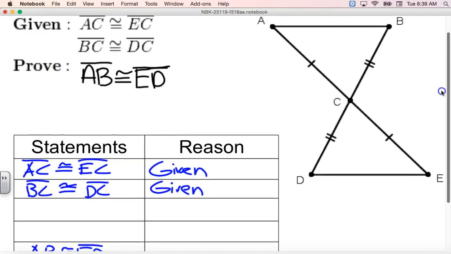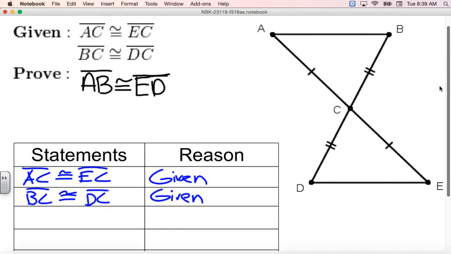All right, so what's the information that we are not given that we can figure out? Well, just like the last problem, these triangles are vertical. So we can say angle ACB is congruent to angle ECD because of vertical angles.